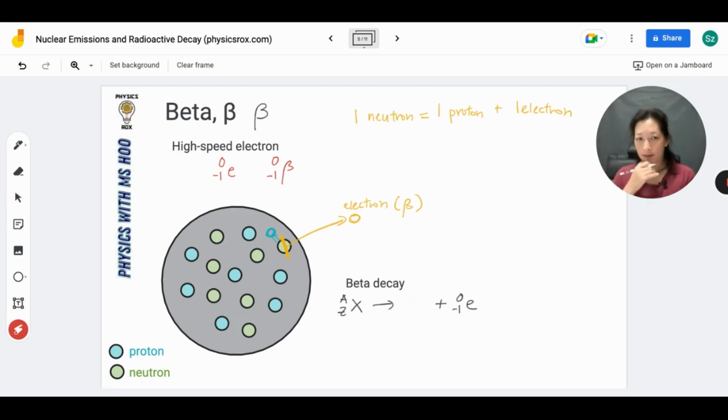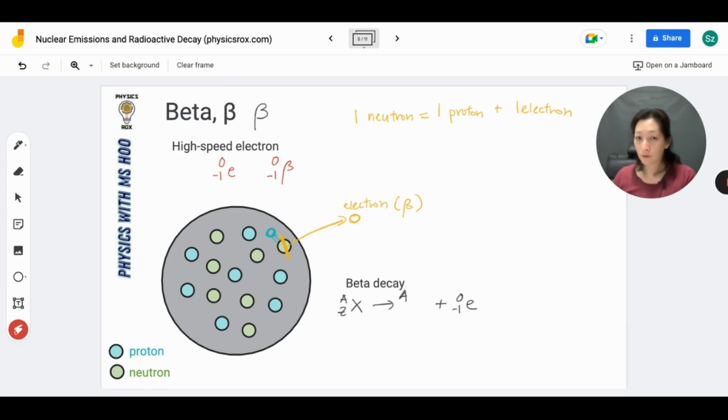And if you look, has the number of nucleons changed? No, it hasn't, because although this nucleus has lost a neutron, it's gained a proton. Remember, the number of nucleons is the total number of protons and neutrons. It has lost a neutron but gained a proton, so the number of nucleons has remained the same. That means the number for A remains the same.